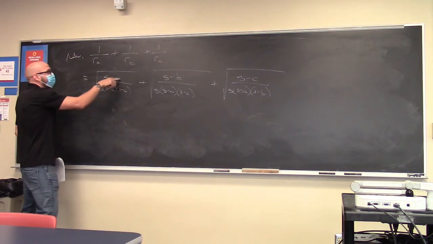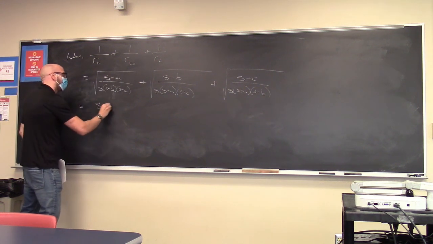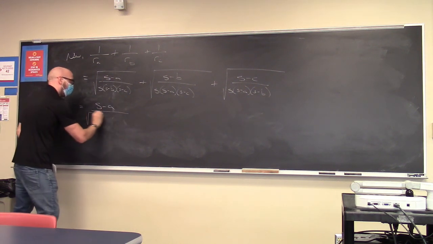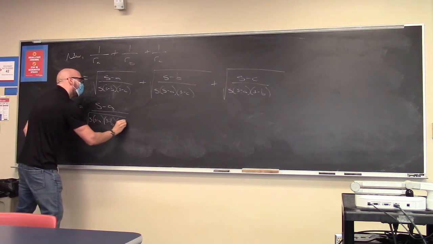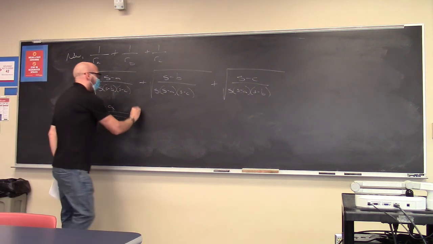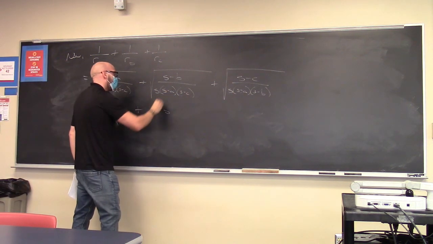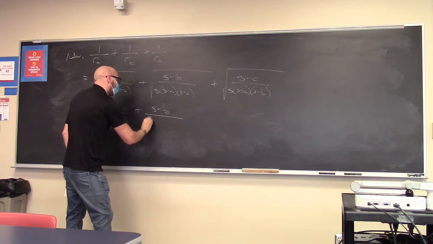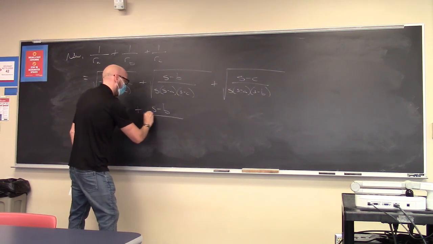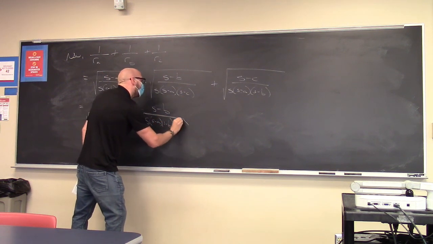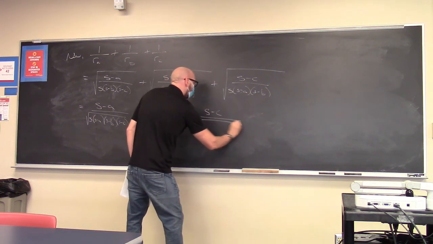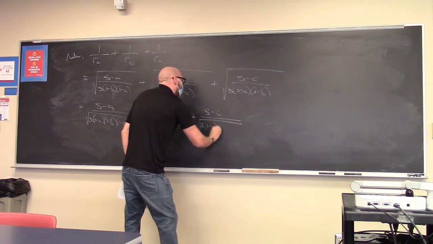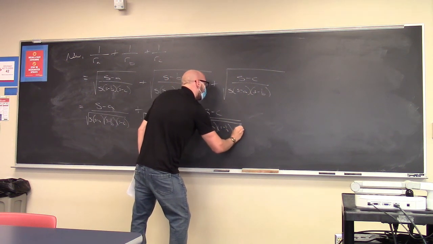So if I do that, I've got (s minus a) squared inside of a square root, this becomes s minus a over the square root of s times (s minus a)(s minus b)(s minus c), plus s minus b over the same square root, plus s minus c over the square root of s times (s minus a)(s minus b)(s minus c).